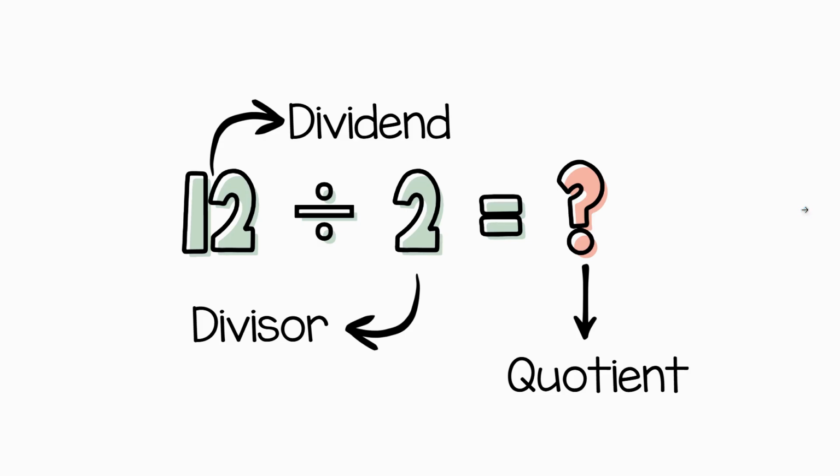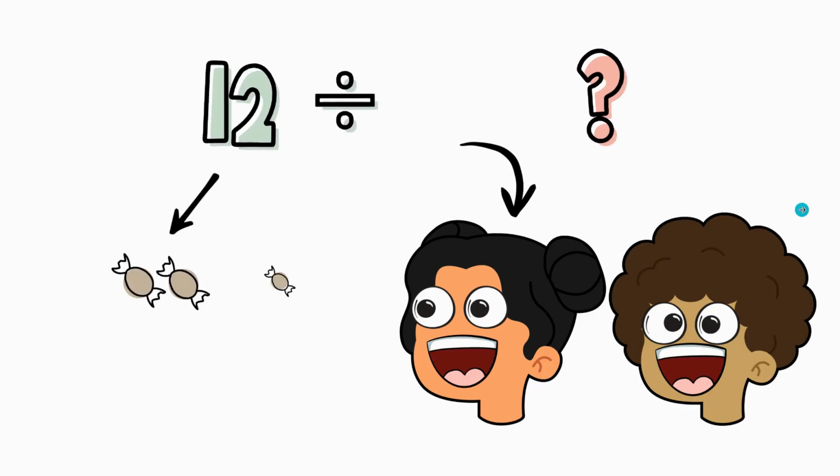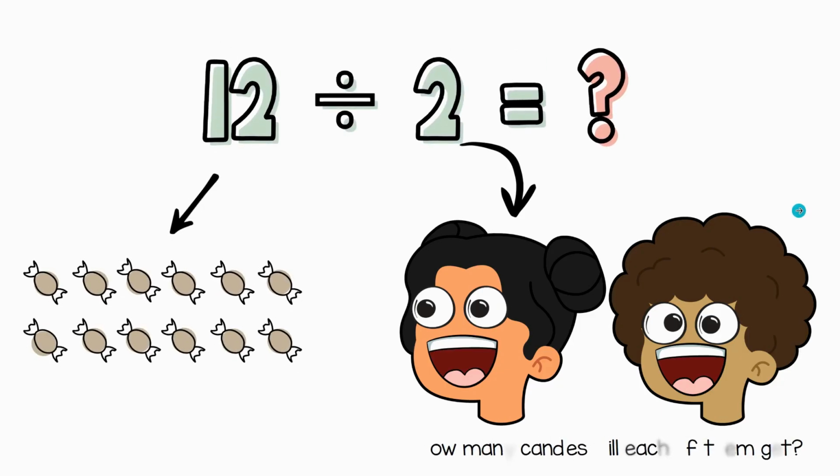Let's use the same scenario we did before about the candy. So if Miss Aaliyah comes to school with 12 pieces of candy, but today she sees that she has 2 students.